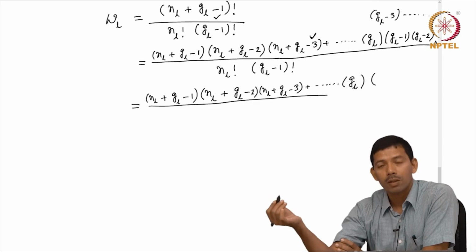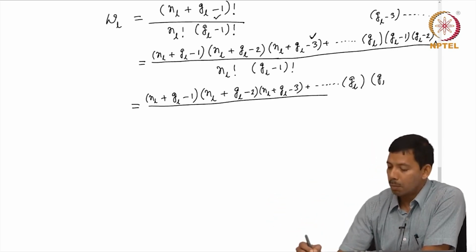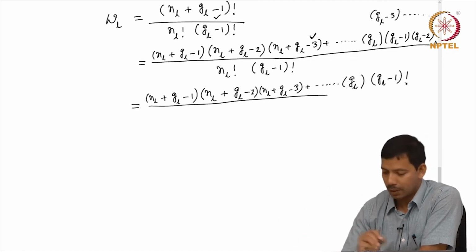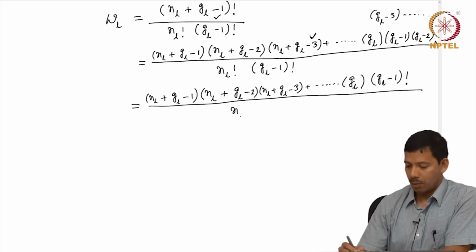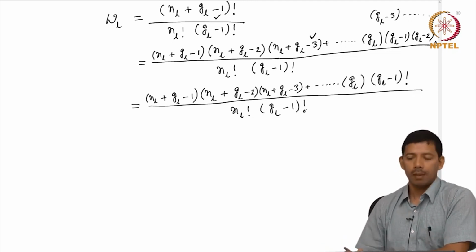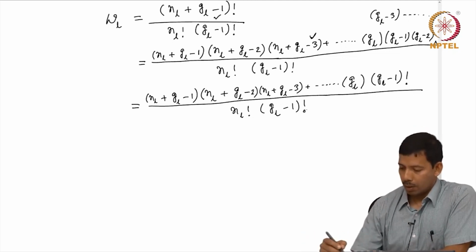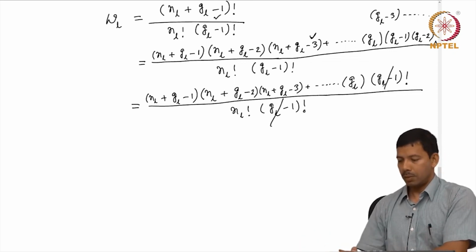So therefore, this series is nothing but (GL minus 1) factorial. Is that not right? Yes. And therefore, that (GL minus 1) factorial can be cut from both numerator and denominator.